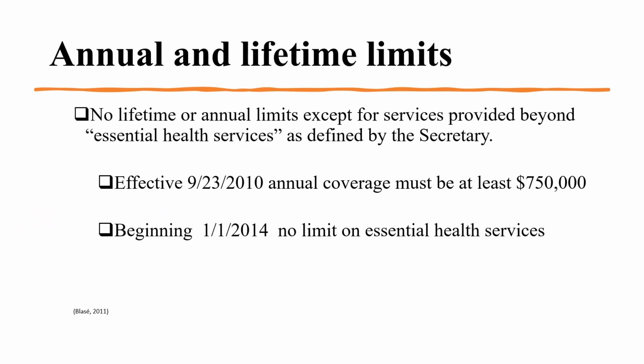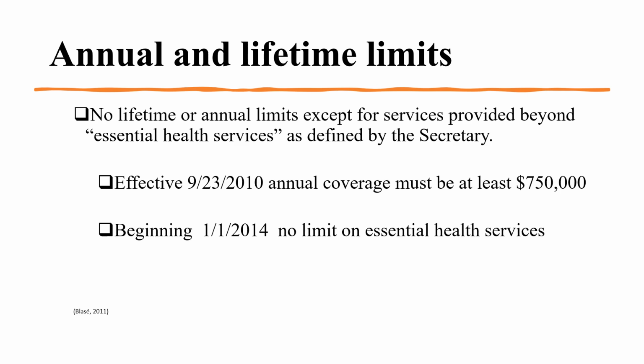So one is that health insurance plans historically had annual or lifetime limits. Over time, these annual and lifetime limits were eliminated for most plans, or basically for all plans, beginning in January of 2014.